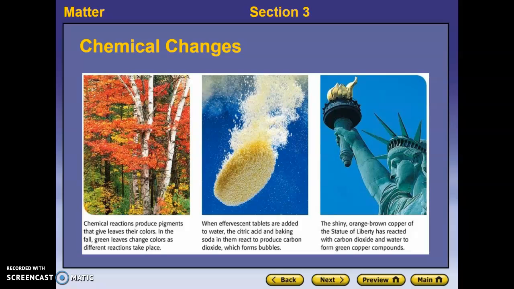If you take a look at the middle picture, they're showing like an Alka-Seltzer tablet or something in some water. This would also happen like with baking soda being added to vinegar. We see bubbling. Now, bubbling can be the sign of a chemical change because it means a gas is being produced or given off.